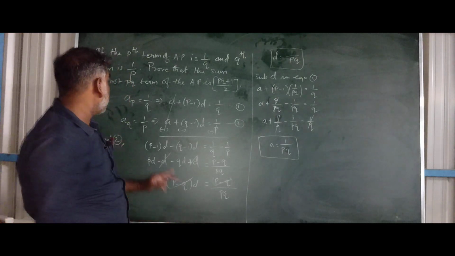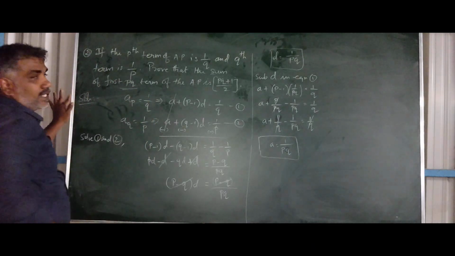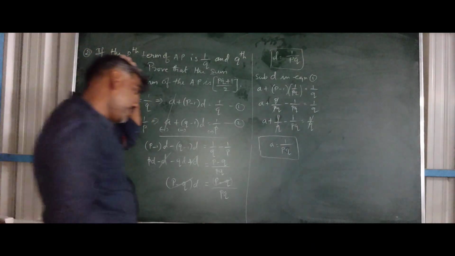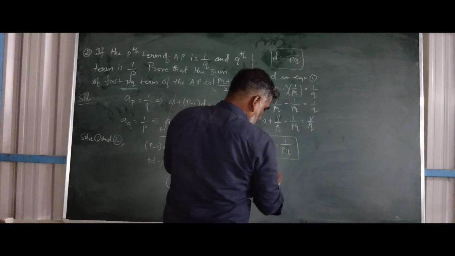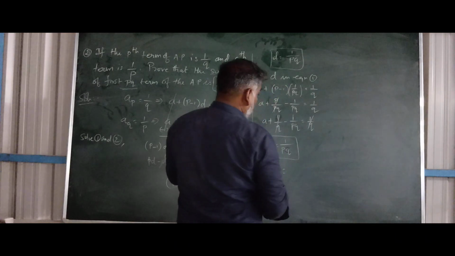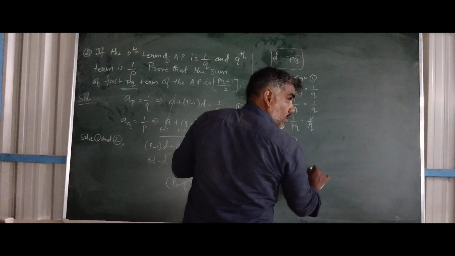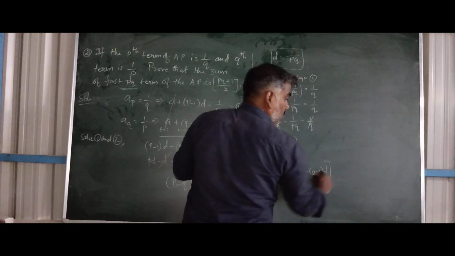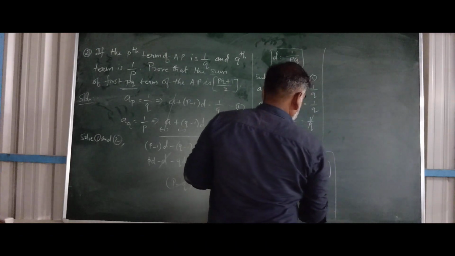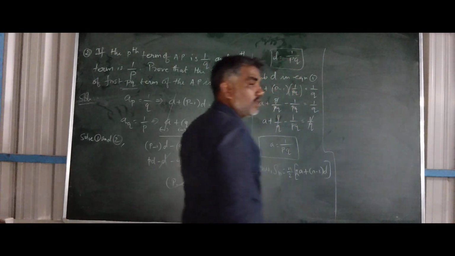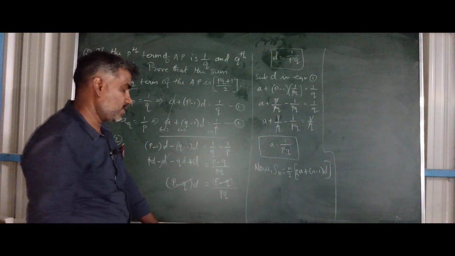Okay, good. Now what I have to find? Find the sum of first pq terms. What is the sum of first pq terms? What is the Sn formula? Now you just take a note of the Sn formula. Sn is equals to n by 2 into (2a plus n minus 1 into d).